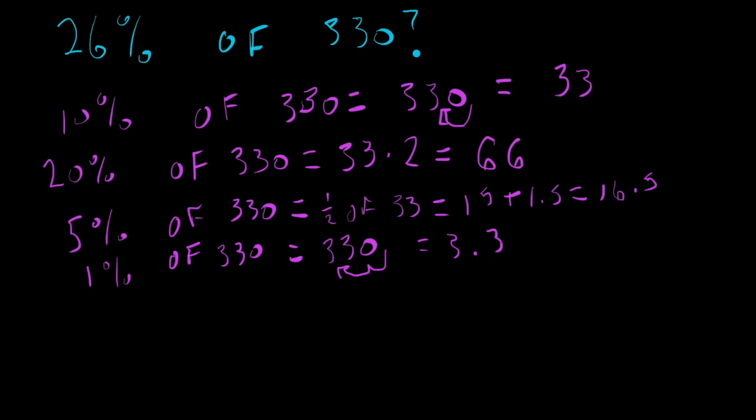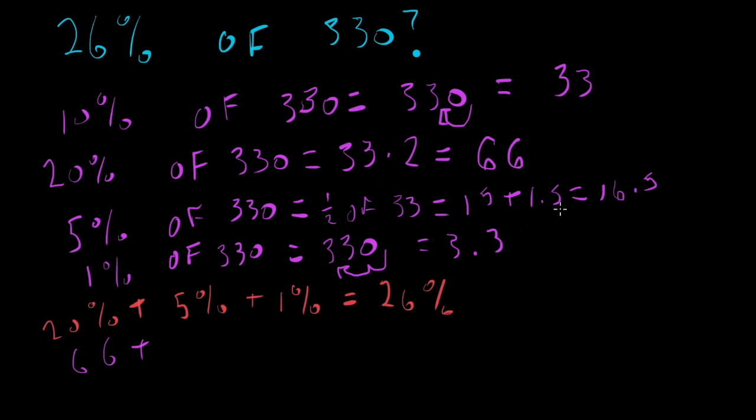All right. Now it's getting a little complicated, I know, but let's put this back together. All right. So we have 20% plus 5% plus 1% is equal to 26%. So now that means we know that 20% is 66 plus 5%, right, is 16.5 plus 1% is 3.3.